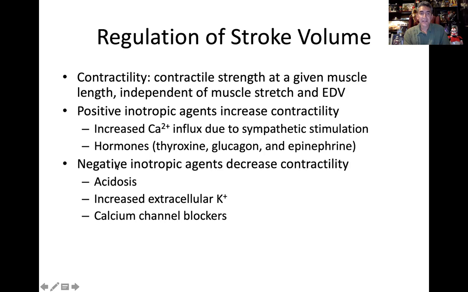So again, negative inotropic: acidosis, increased extracellular potassium. Potassium has an impact on the depolarization and repolarization of the heart. So if we have increased extracellular potassium, we view that as a negative inotropic situation, and also anything that blocks calcium. If calcium is not able to get to the heart, then that's going to cause this negative inotropic situation. So again, hope this makes sense.